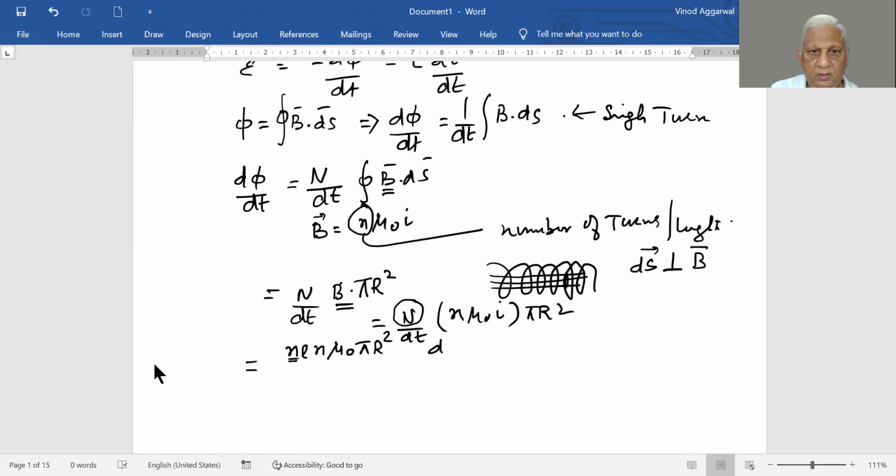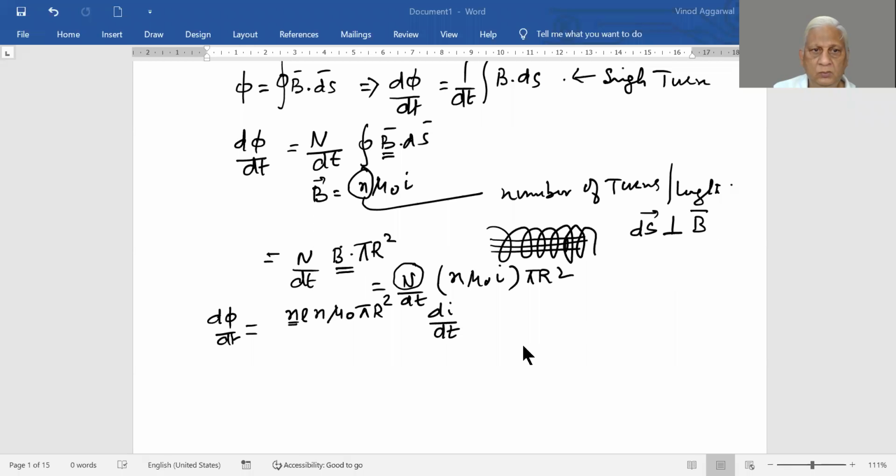Then we are left with d by dt of I. So if we rearrange, this becomes mu naught n square l pi r square.